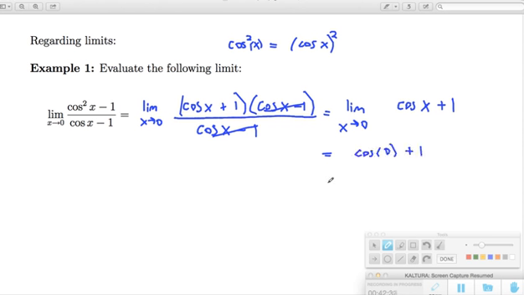And remember, we already discussed cosine of 0 is just 1. So this actually is equivalent to just the number 2. So that's our limit. So we are done with this one.